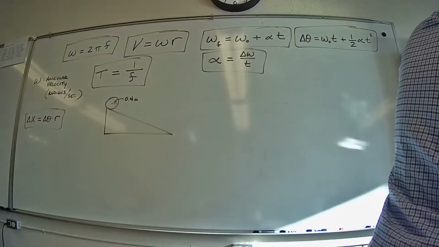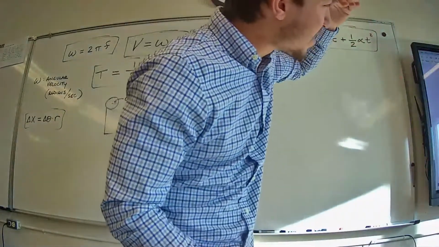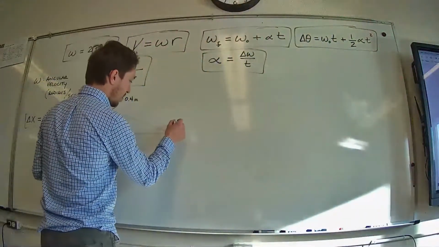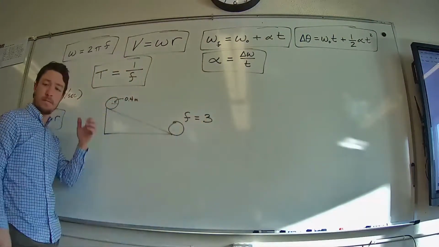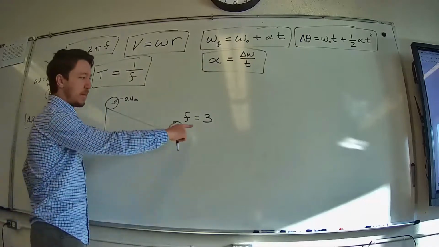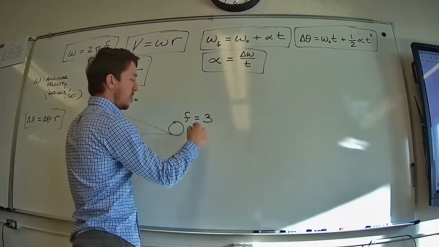So it's at rest at the top. Then at the bottom of the ramp it's making 3 revolutions per second. What letter do I prefer?